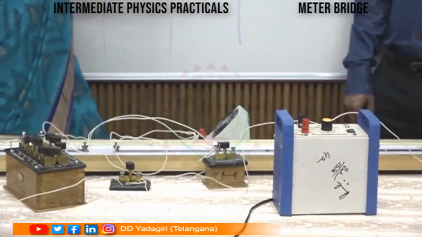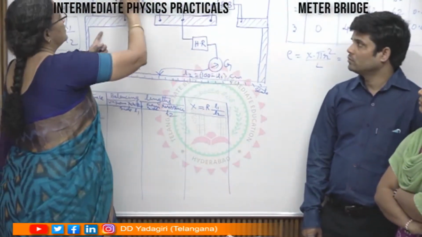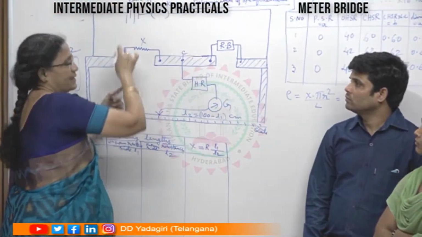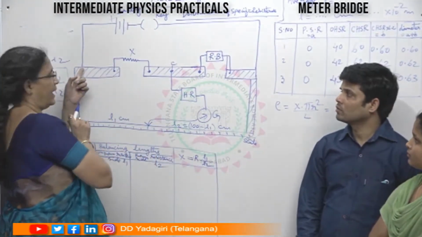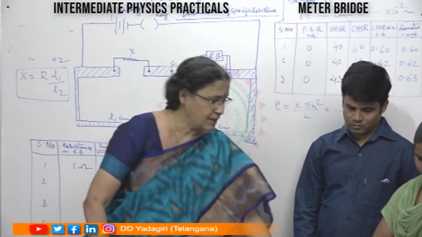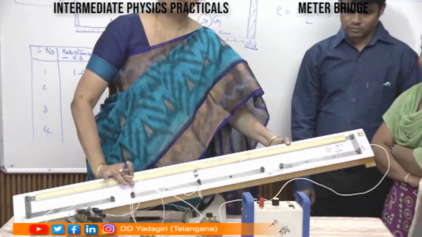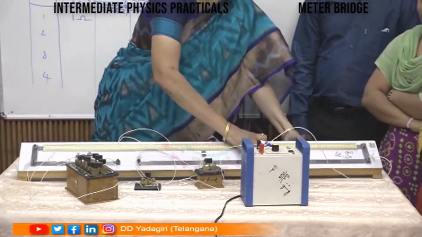So now what are the connections? The positive side of the battery, that means the red one, is connected to one end of the meter bridge, to one binding screw.